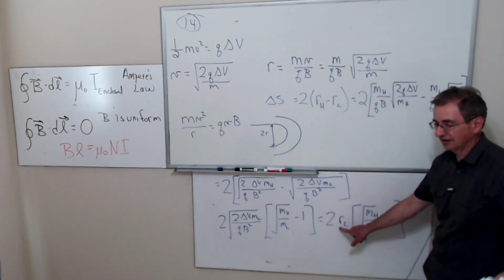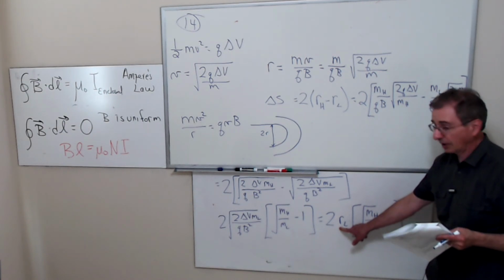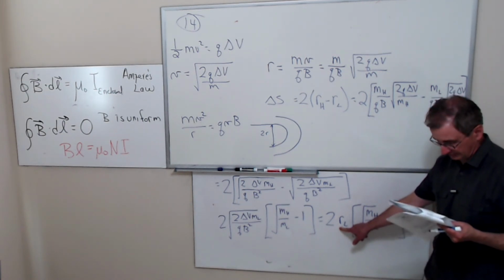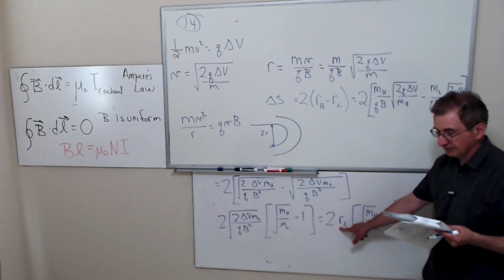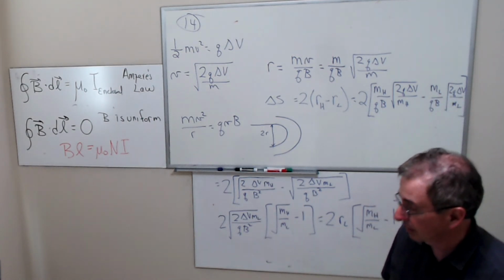So you know this number, right? This is the radius of the lighter particle. And you know the ratio of the masses, correct?